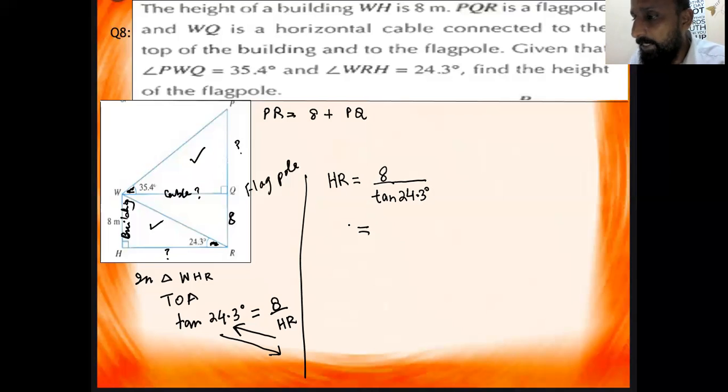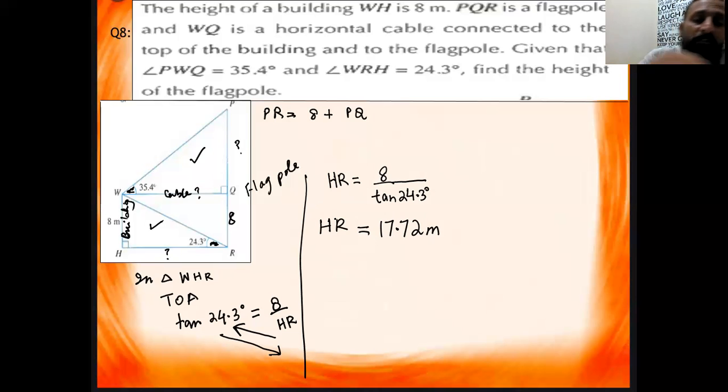So let me use my calculator, and it is found to be 17.72 meters. All right, boys and girls, 8 divided by tangent 24.3, the answer is found to be 17.72 meters.